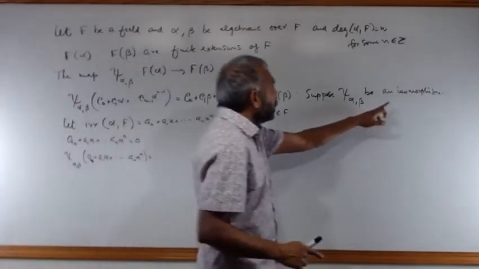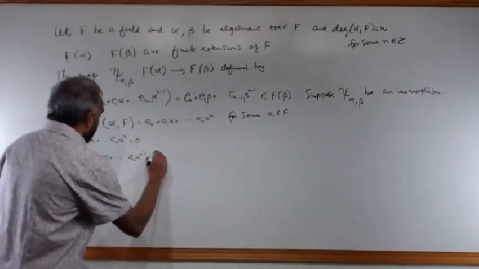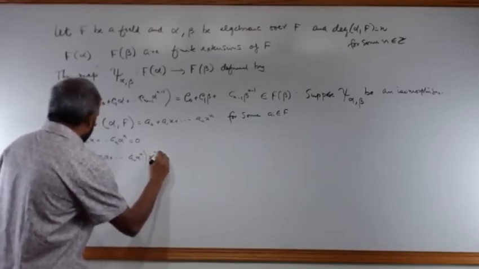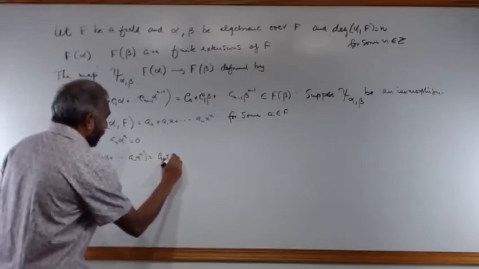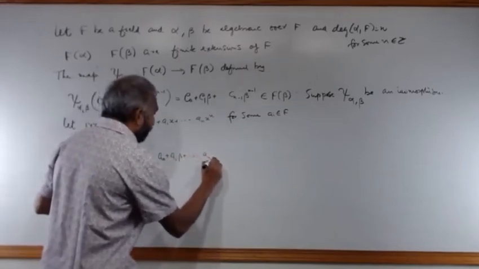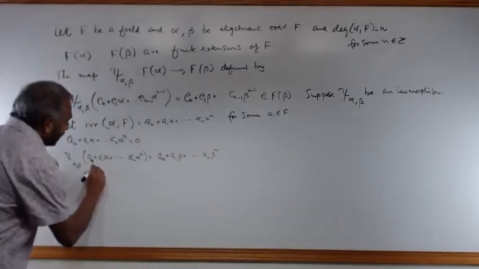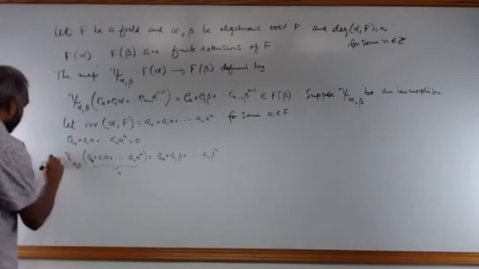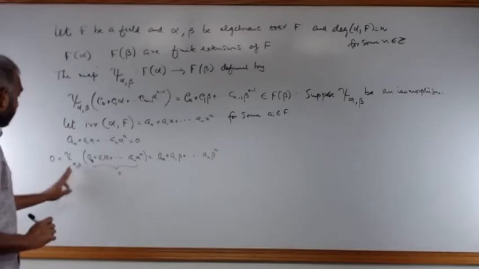We are assuming that it is an isomorphism, so we can write it as a0 plus a1 beta plus ... plus an beta to the power of n, and this is equal to 0, because the isomorphism mapping of a 0 element is 0 always.